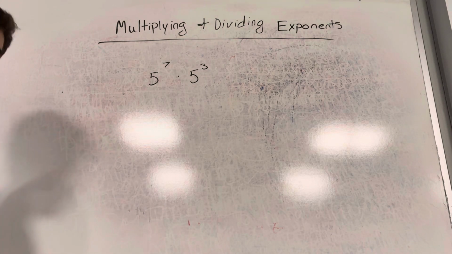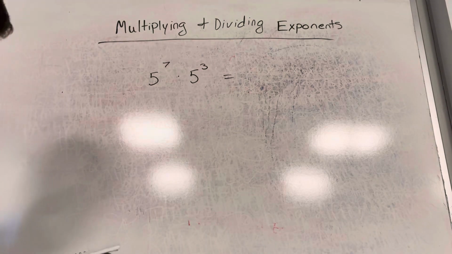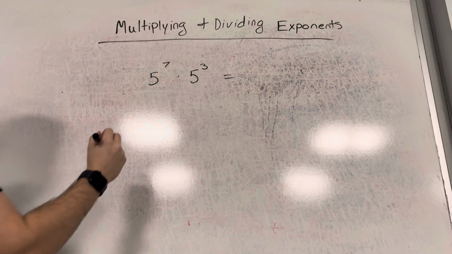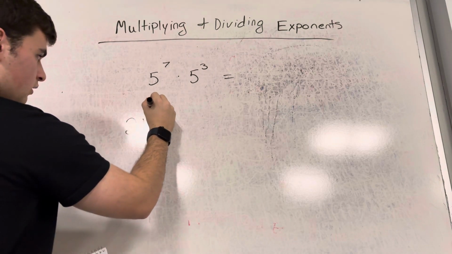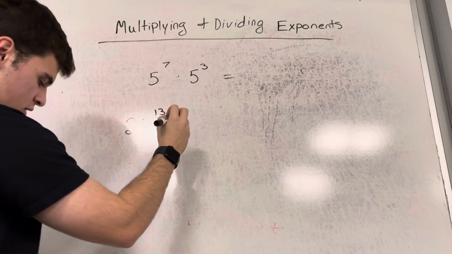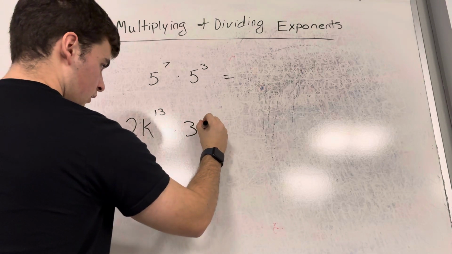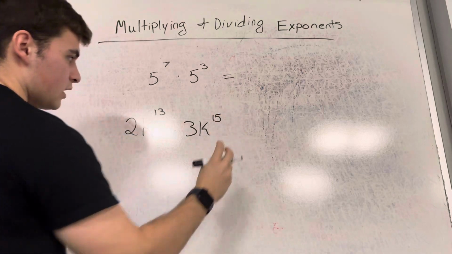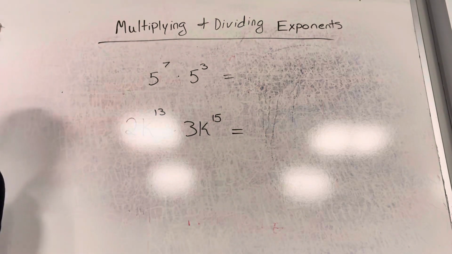I'll let you guys figure that one out. And while you guys are working on that, you can also work on this one. We have 2k to the 13th power times 3k to the 15th. I'm going to let you guys solve that one out.